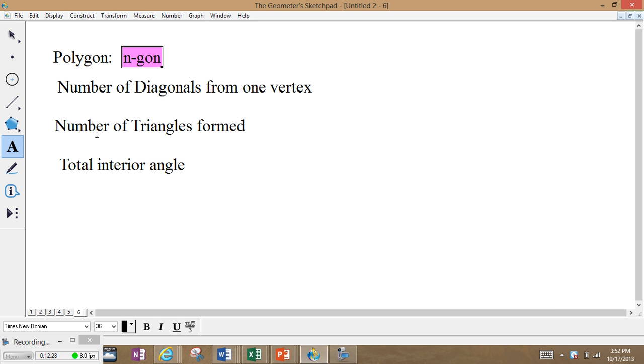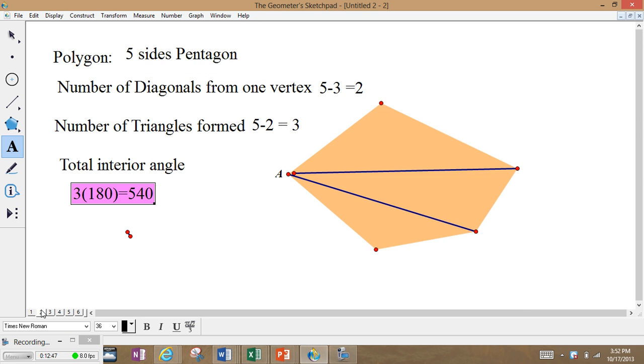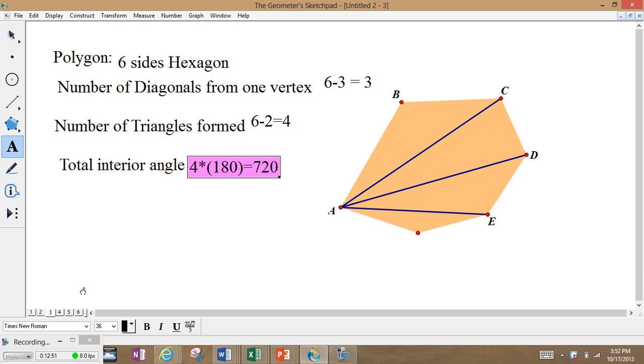For the number of diagonals coming out of each vertex, going back, I believe we said there was always 3 less than the number of sides. So 3 less than 4 is 1. That proves to be the case. 3 less than 5 is 2. 3 less than 6 is 3.